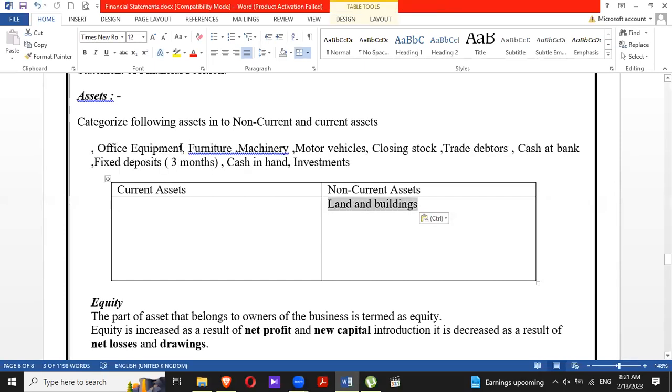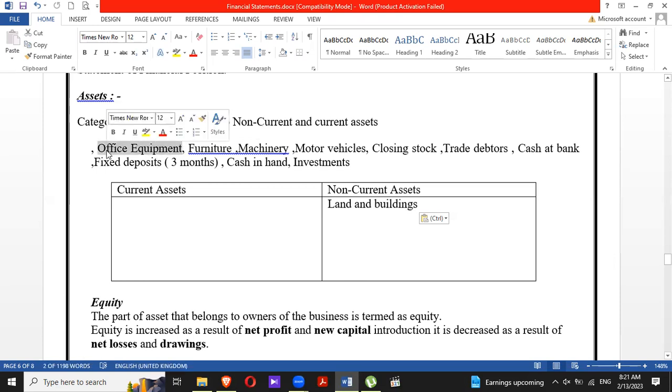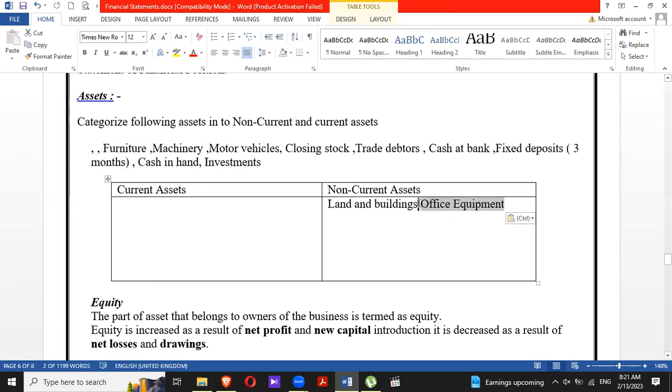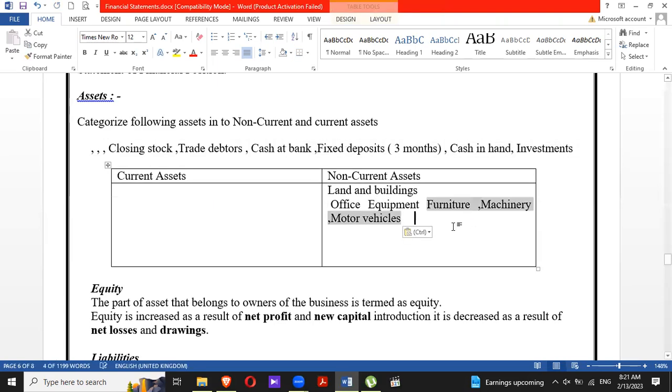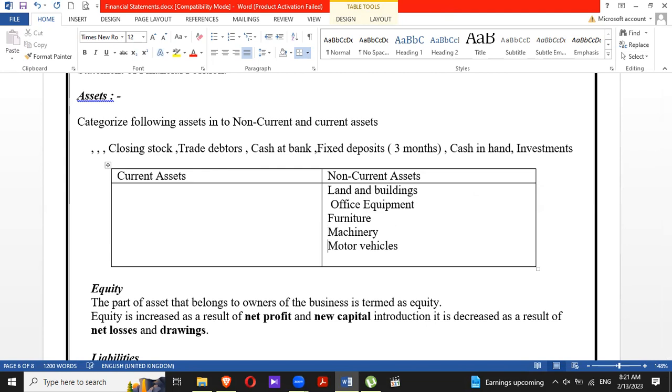Office equipment also comes under non-current. Furniture, machinery, motor vehicle, all three come under non-current. Land and building, office equipment, furniture, machinery, motor vehicle, all five come under non-current.